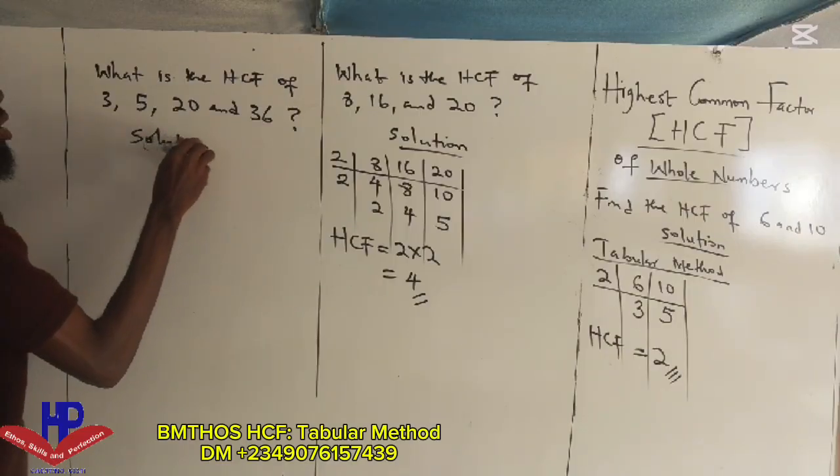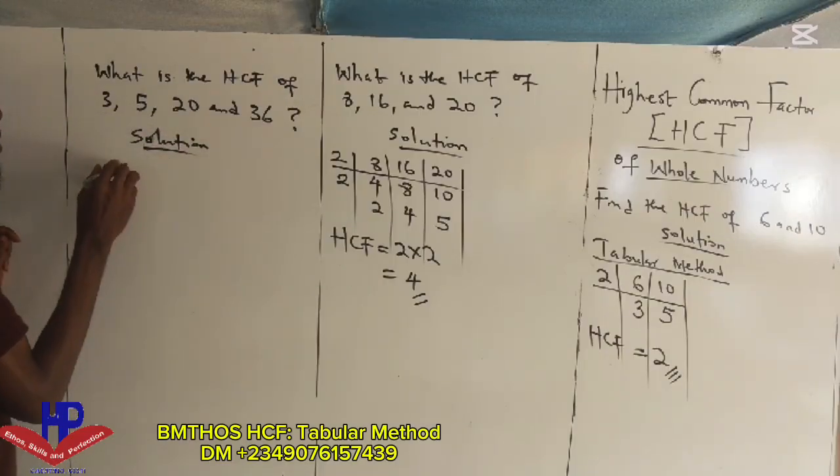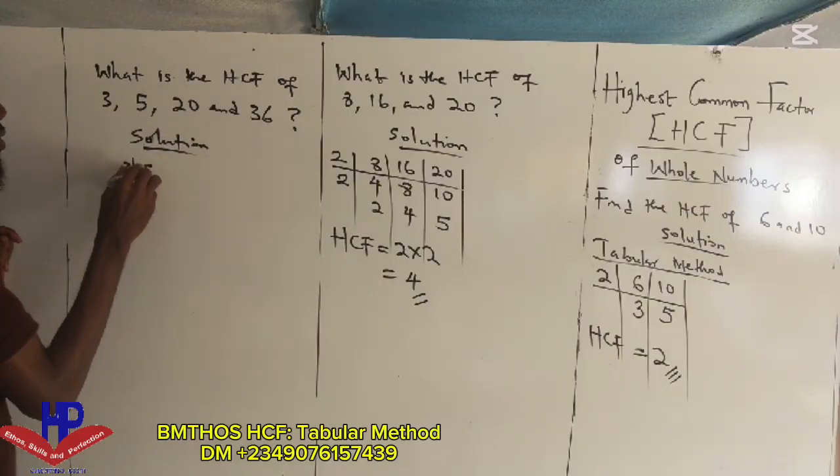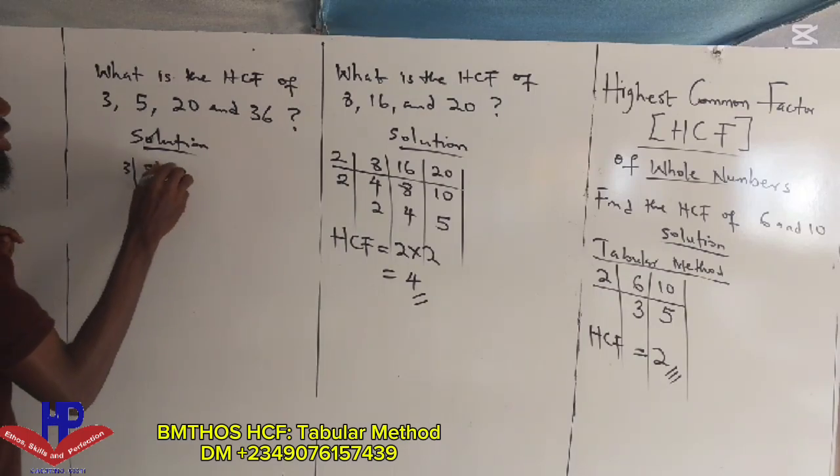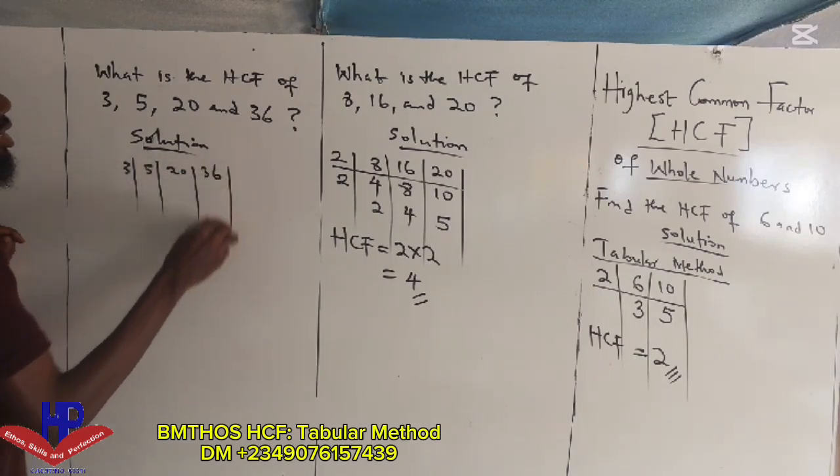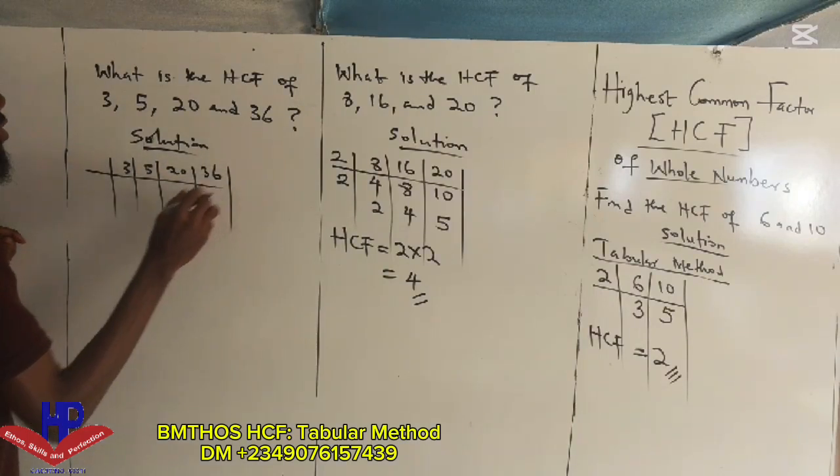Solution. Tabular form. 3, 5, 20, 36. Put a space for the factor.